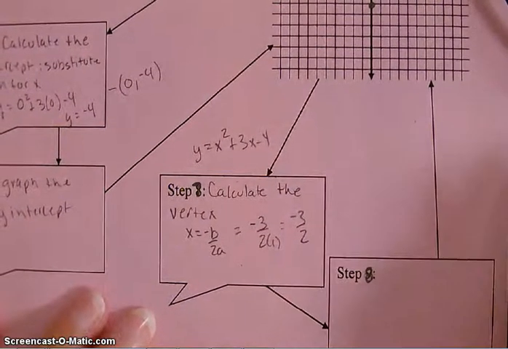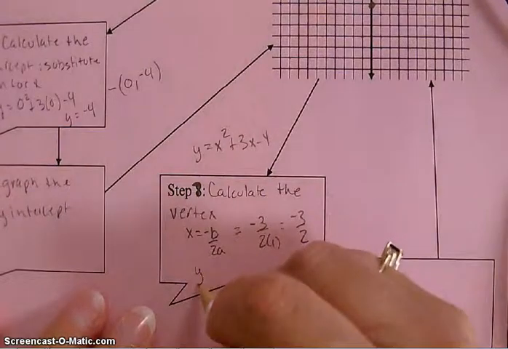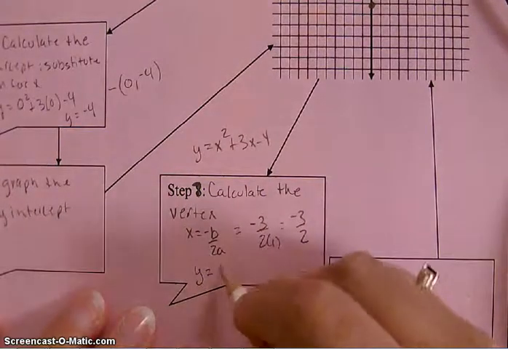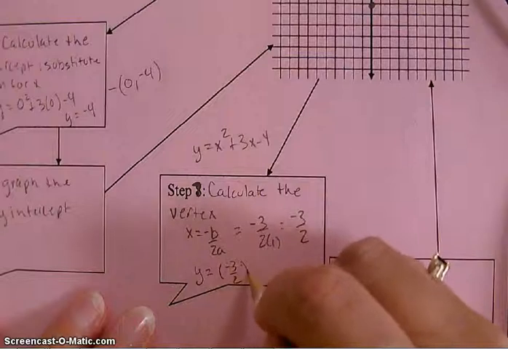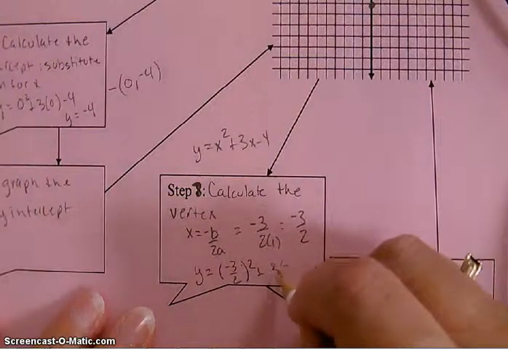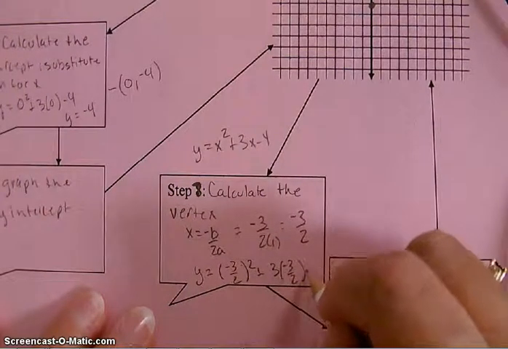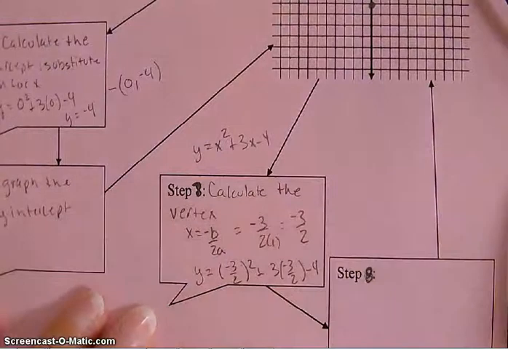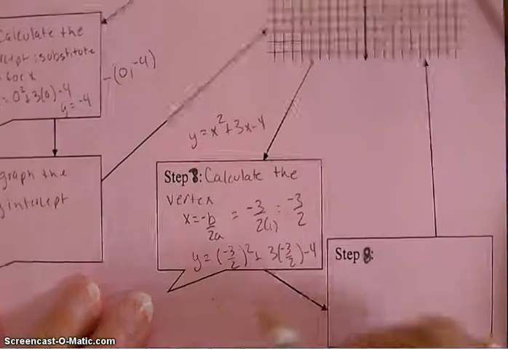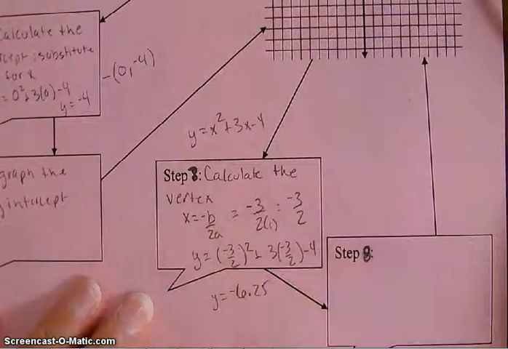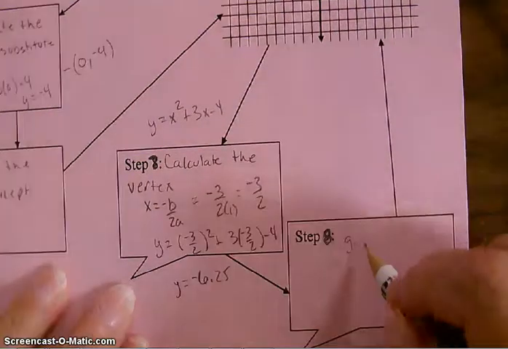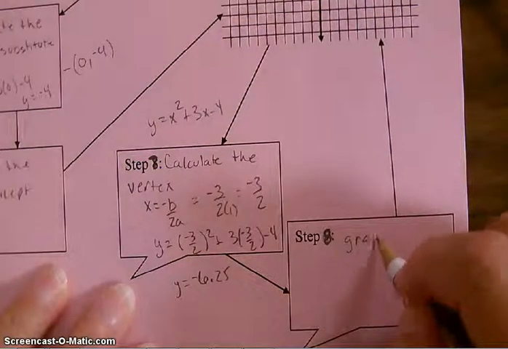To calculate the y value, you substitute that value back into the equation, so that becomes -3 halves squared plus 3 times -3 halves minus 4. If we calculate that out, you get that y is equal to -6.25. So now I've calculated the vertex in step 7.